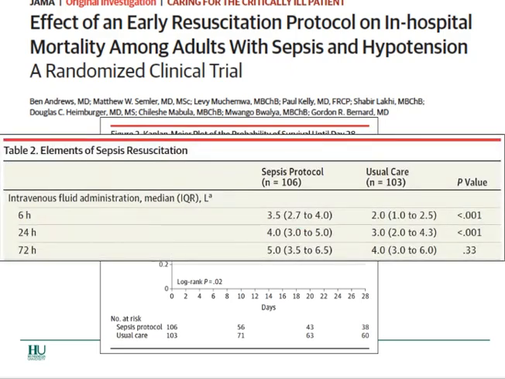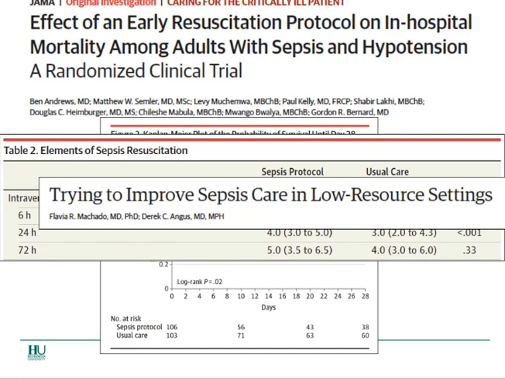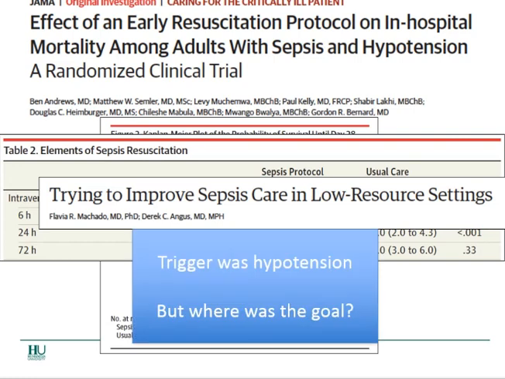And I think what happened here is, understandably, in a limited resource setting, you have to use a very pragmatic approach. What they found was that if I go didactically, just giving maybe 20 or 30 milliliters per kilogram without seeing the response, after I trigger an initial fluid administration, maybe I can overload my patient. So the trigger is there. We all recognize that the patient is in shock.